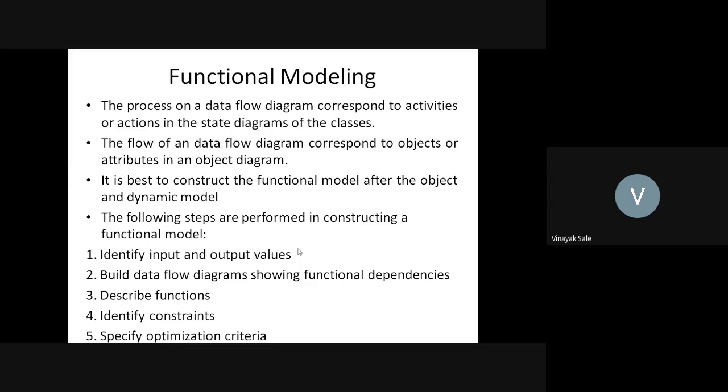So there are five steps for constructing the functional model. First, identify input and output values. Build a data flow diagram showing functional dependencies. Describe functions. Identify constraints and specify optimization criteria.